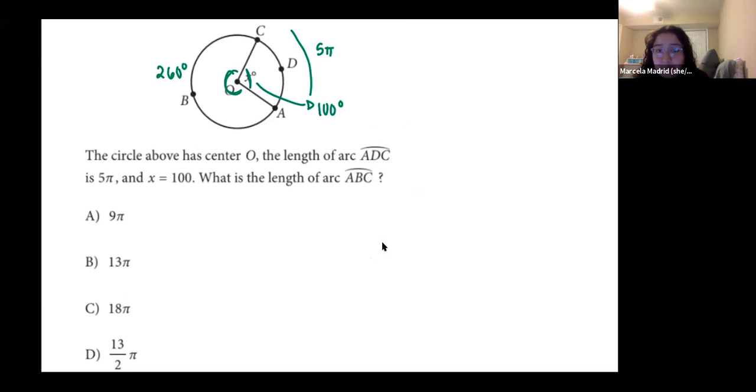From there, if S is the length of arc ABC, then S must satisfy a ratio, which is S over 5 pi equal to the ratio of the degrees, which is 260 over 100.